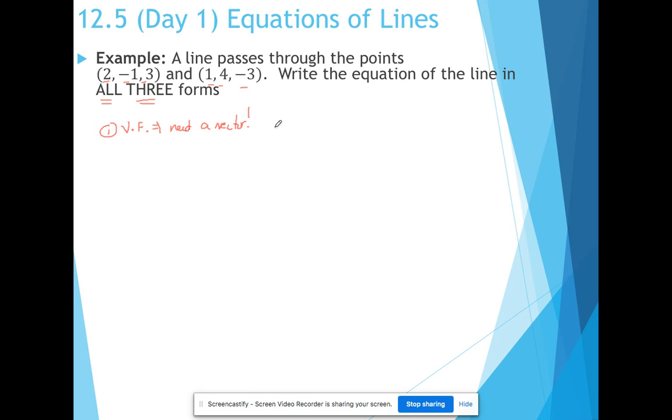I'm going to write vector v. Vector v is going to be 2 minus 1, -1 minus 4, and 3 minus -3.